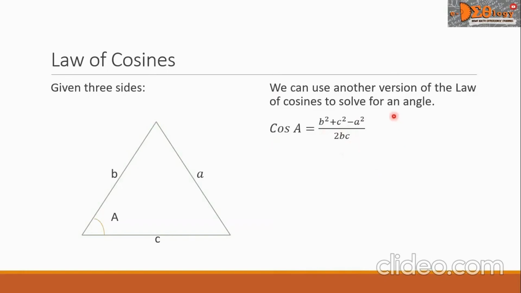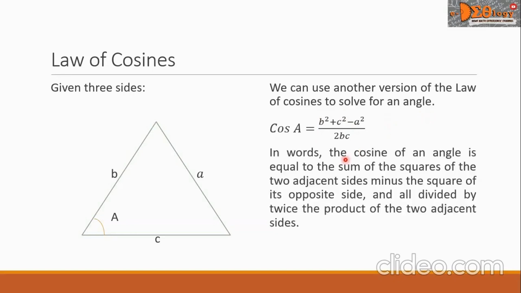This is a manipulated formula of the law of cosines that we saw in the previous slides. In words, the cosine of an angle is equal to the sum of the squares of the two adjacent sides minus the square of its opposite side, all divided by twice the product of the two adjacent sides.